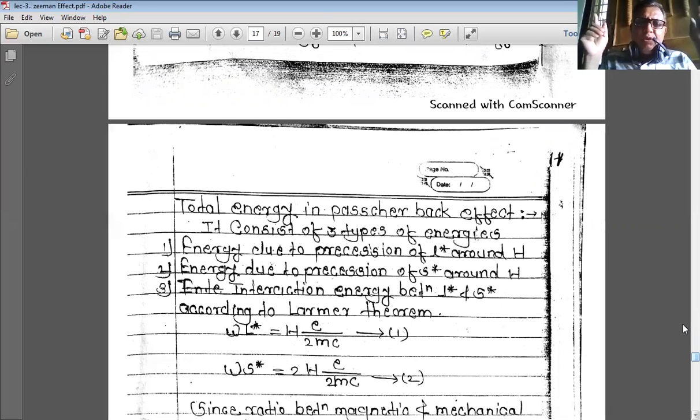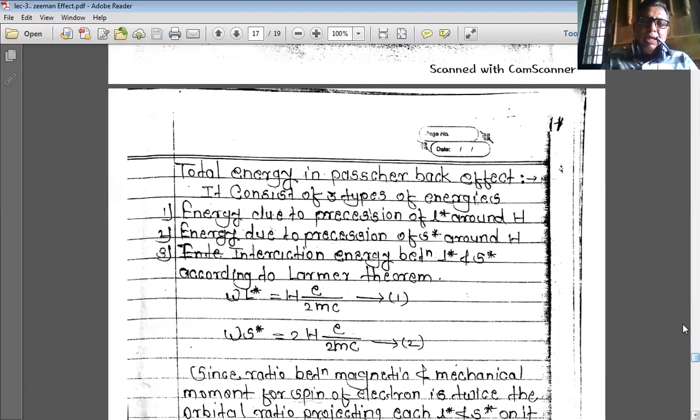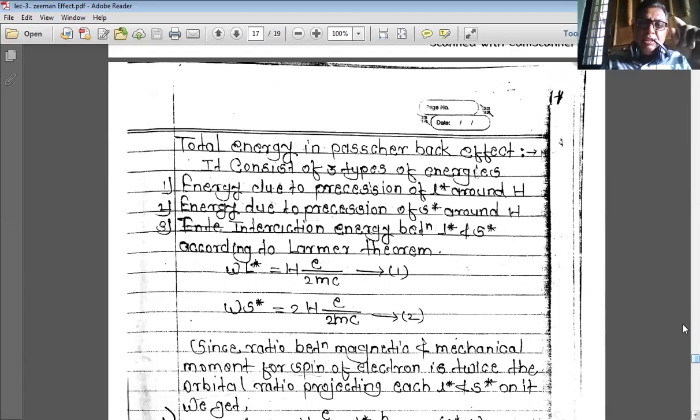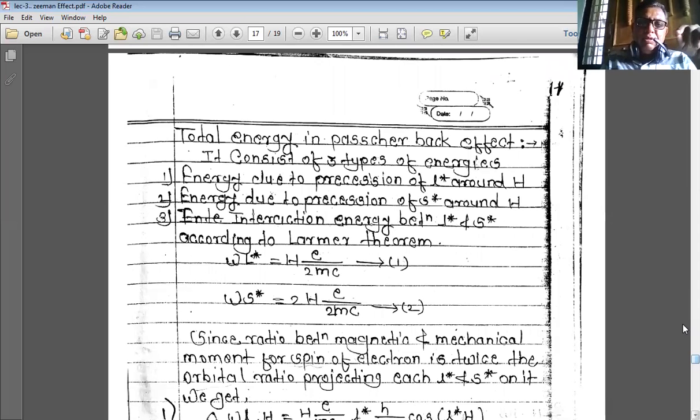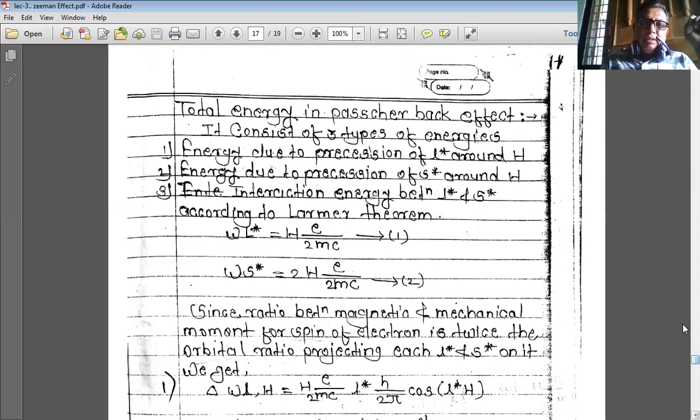According to Larmor's theorem, omega L star is equal to He upon 2mc, equation number 1. Second, omega S star is equal to 2He upon 2mc, equation number 2, since the ratio between the magnetic and mechanical moment for spin of the electron is twice the orbital ratio.